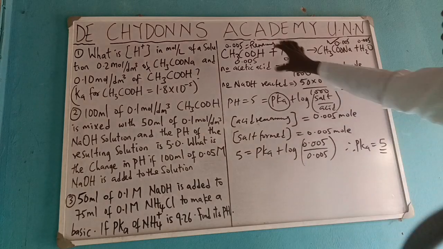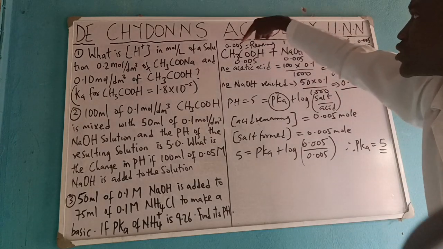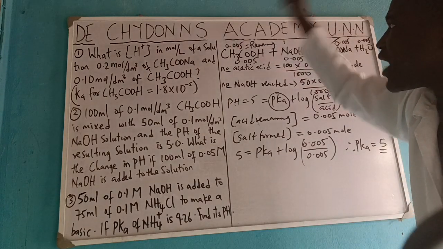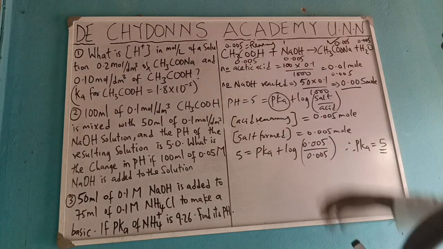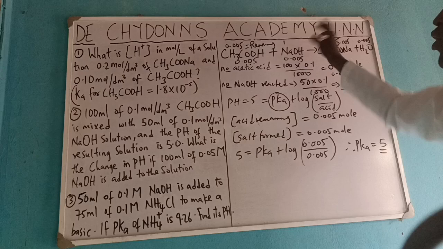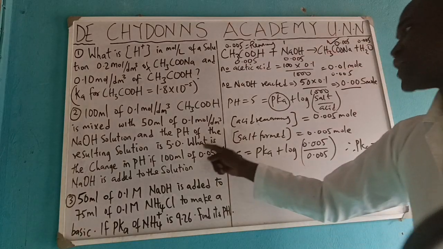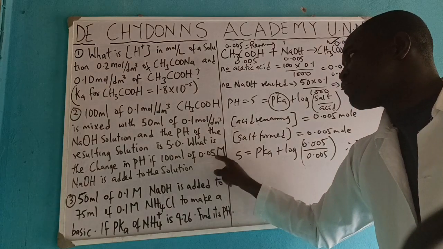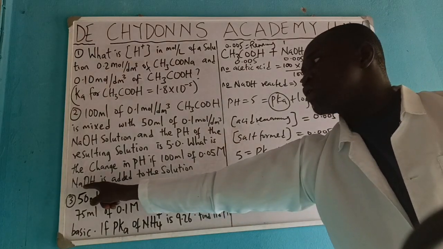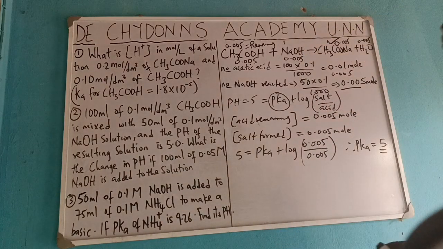Now, in this same solution that is having 0.005 of ethanoic acid remaining, the base already has been neutralized. They said, what is the change in pH if 100 ml of 0.05 molar sodium hydroxide is added to the solution?